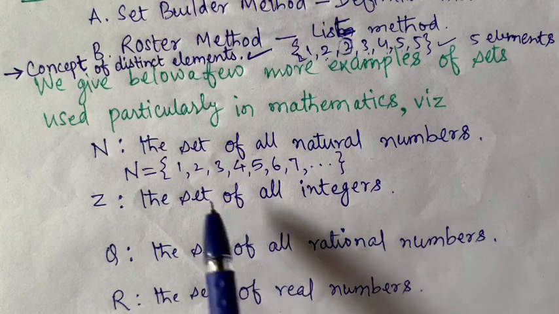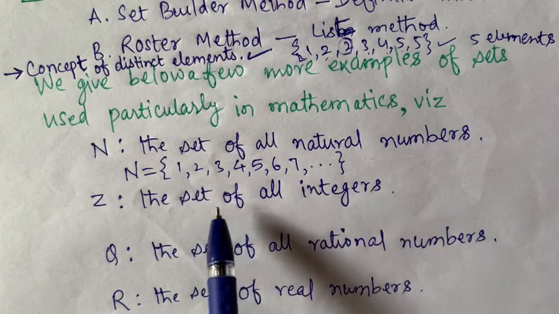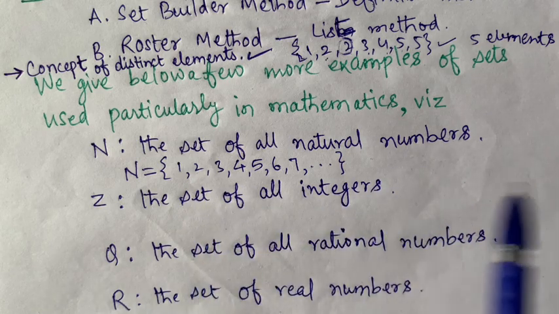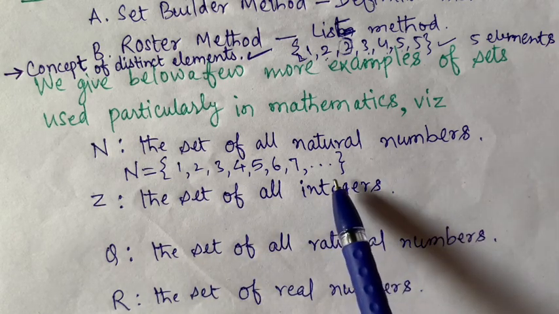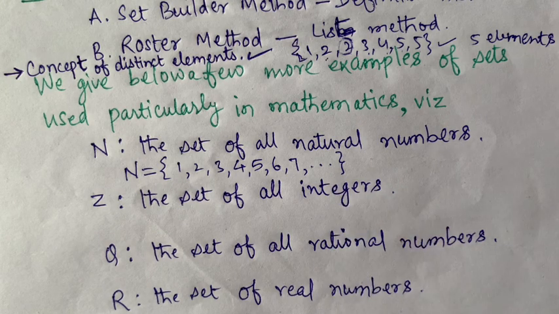So it is the set of natural numbers which starts with 1 and goes on and on, that means there is no upper bound. Any counting we can represent by natural numbers.